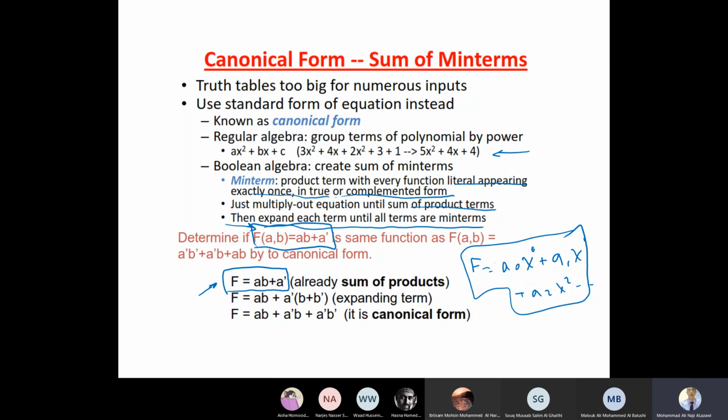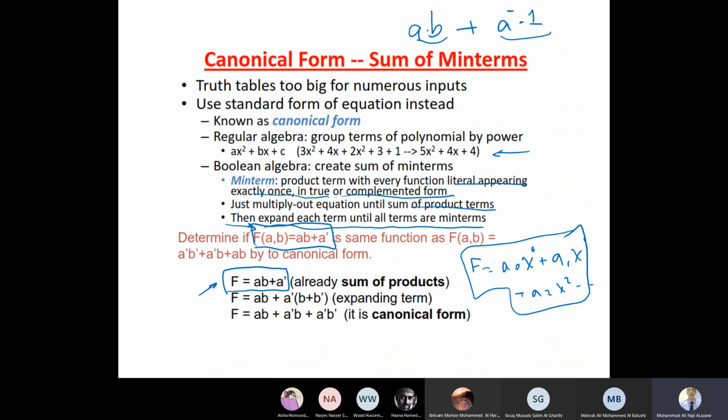Sum of product means an addition of terms multiplied together, and we said addition means OR and multiplication means AND. Clear? So here you will see AB is a product because it's AND, plus A prime. Actually, A prime is not a term with several variables. There's only one variable, but in fact you can assume it's ANDed with 1, so it's also a product, correct? This is called sum of product.